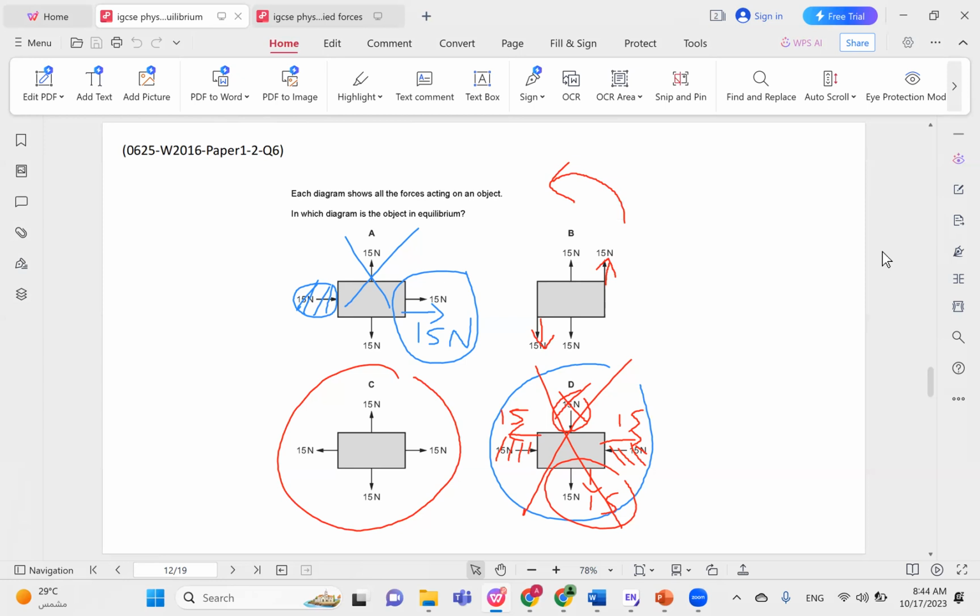This object is going to rotate in the anti-clockwise direction because if they are acting on the center of the shape like this, and we connect them to the center, we can see that both forces are acting in the same direction in terms of turning effect. They will both rotate the center of the object in the anti-clockwise direction. So this is incorrect because the sum of moments is not zero. You should consult the video on moments to learn more about it.